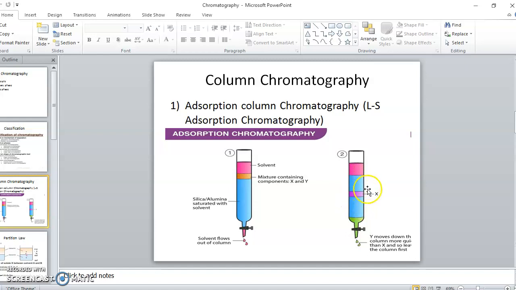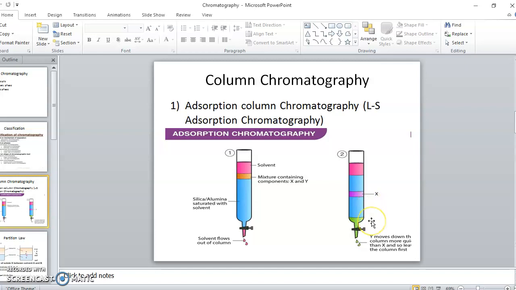What happens? The adsorbed component X gets dissolved in that particular solvent, while Y will not get dissolved. The solvent which you use for separating the individual component is called eluent. E-L-U-E-N-T, eluent. And the process of separating the adsorbed component is known as elution.